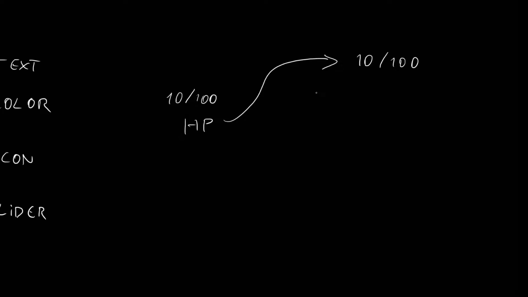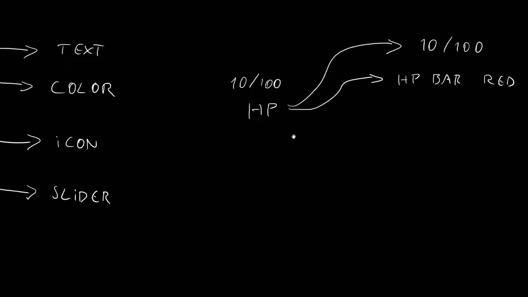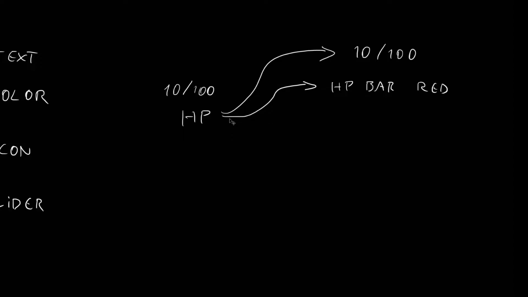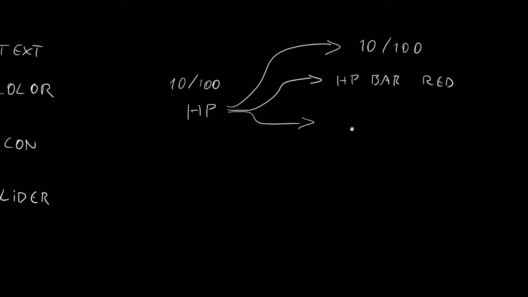So this is a string. We can also make the health bar red because we are on low HP, or make it blink. HP bar red. And an icon, right? We can use some kind of icon to represent that we are on low HP, like a heart.